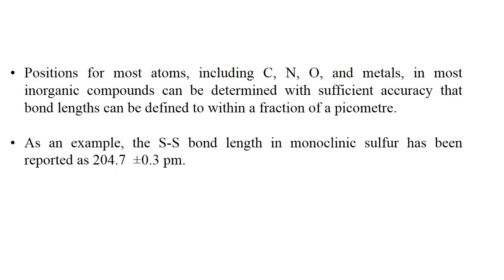The positions of most atoms, including C, N, O, actually carbon, nitrogen and oxygen, and metals, in most inorganic compounds can be determined with sufficient accuracy that bond lengths can be defined to within a fraction of a picometer.